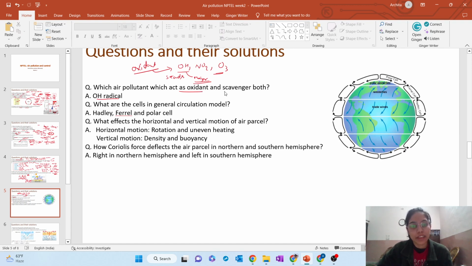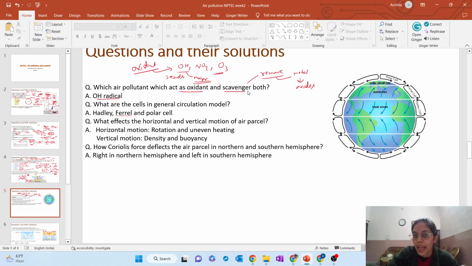Now why is it a scavenger? Scavenger means that it helps in removing. It does not remove all the air pollutants, no. It helps in removing the metals. It reacts with metals to form their oxides, and these oxides will be removed or will come down via wet or dry deposition.